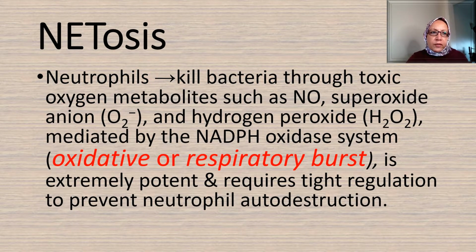Neutrophils also have the capacity to kill bacteria through formation of toxic reactive oxygen radicals such as nitric oxide, superoxide anions, and hydrogen peroxide. This process is mediated by the NADPH oxidase system, and is frequently named the respiratory burst, which is extremely potent and requires tight regulation to prevent neutrophil autodestruction.